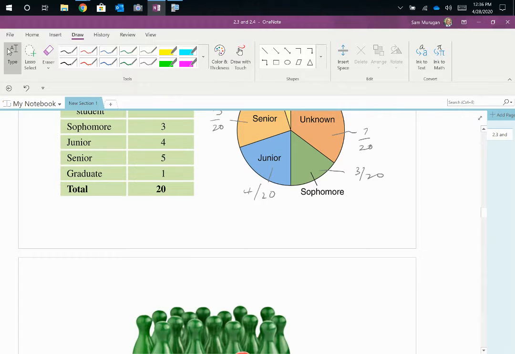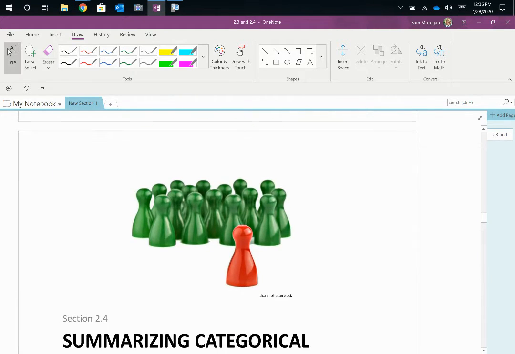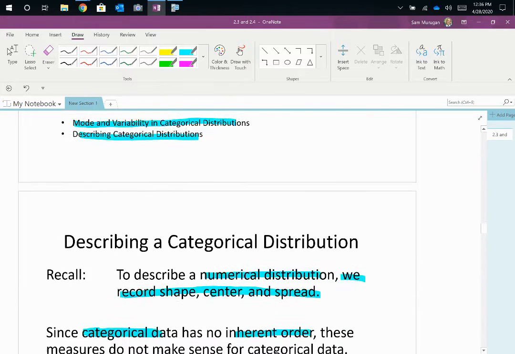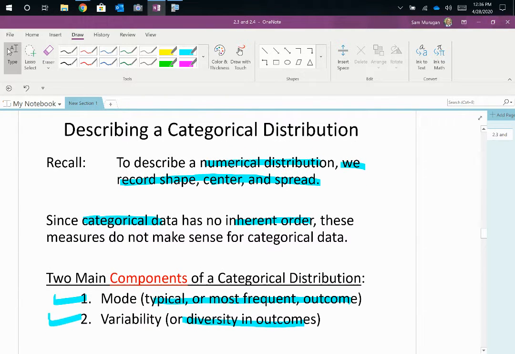Now, chapter 2.4, very brief, we're talking about the mode and variability in categorical distributions and describing categorical distributions. So, to describe a numerical distribution, remember that we used shape, center, and spread.